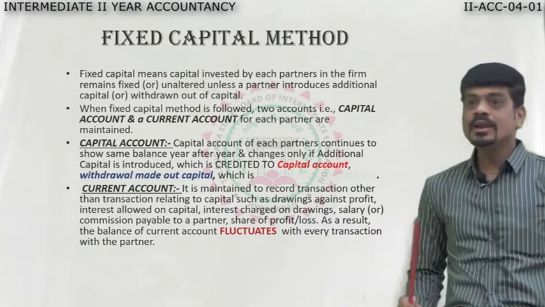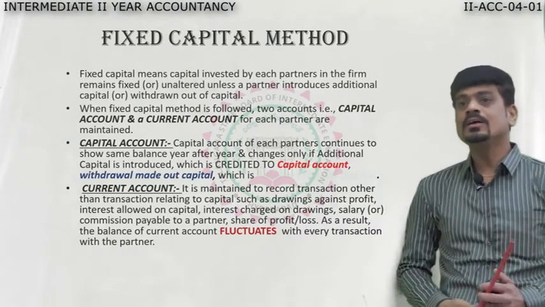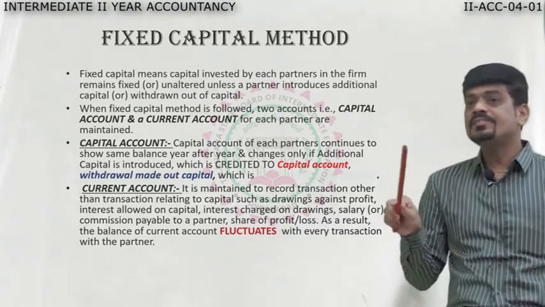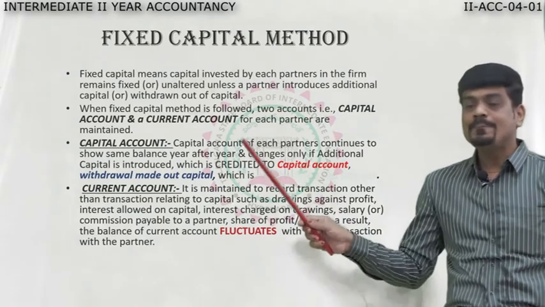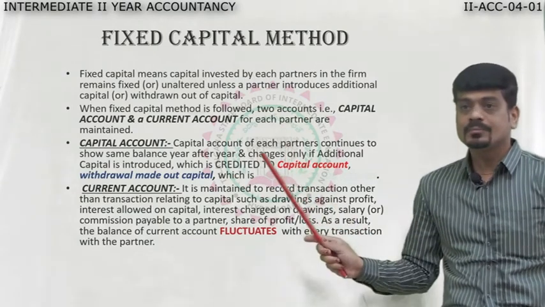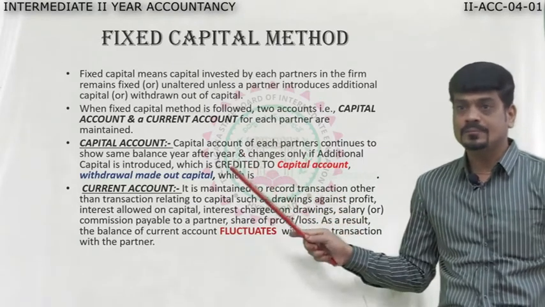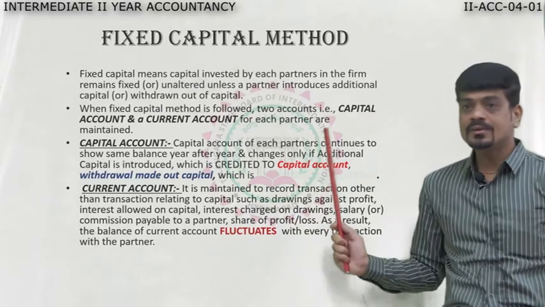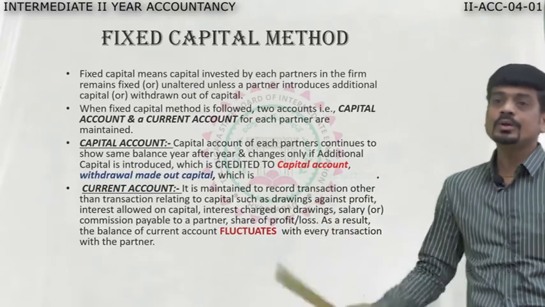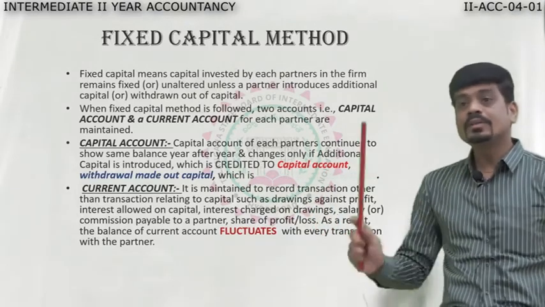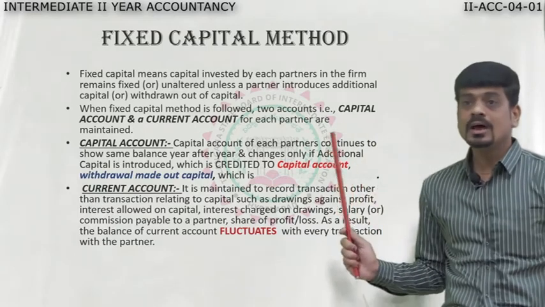For example, let me say there is a partner with the name A and if he has invested 1 lakh, the capital will show 1 lakh only. If he invests additional capital of 50,000, then it will become 1,50,000. Then what about his share of profit and so on? That we are going to show in another account.